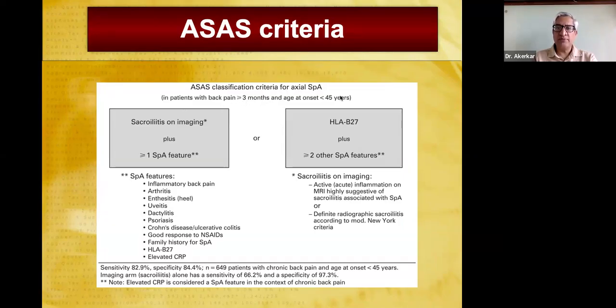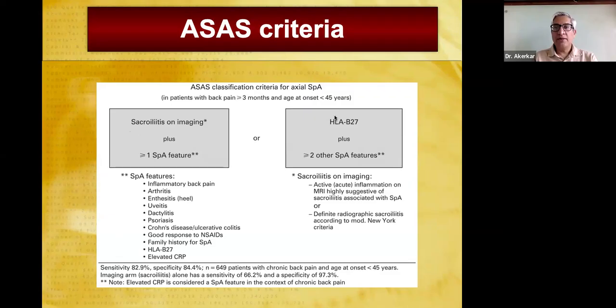Very important, more than 3 months, and age of onset less than 45 years. If the patient has obvious sacroiliitis on imaging plus one or more SpA feature.